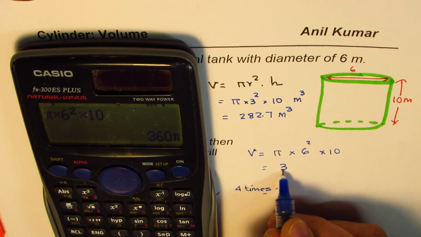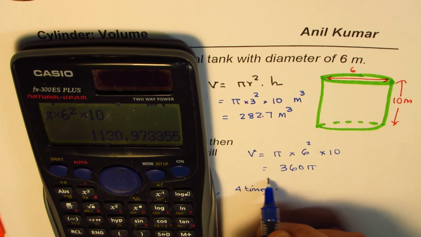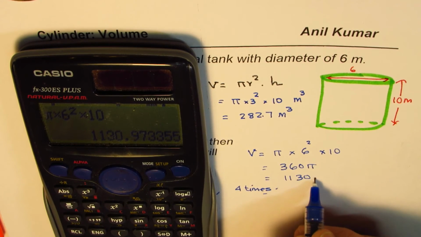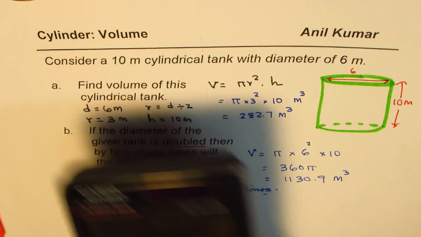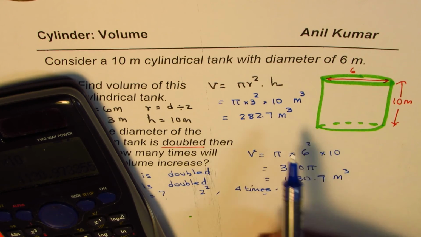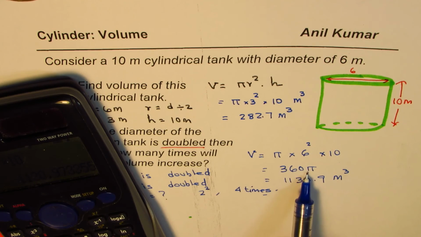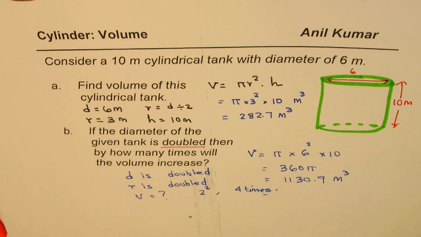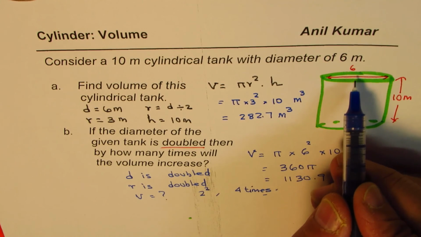We get 360 pi, which is equal to 1130.9 meter cube. Which is 4 times this number, right? Earlier we got 90 pi, now we got 360 pi. So the volume actually becomes 4 times when you double radius or diameter.